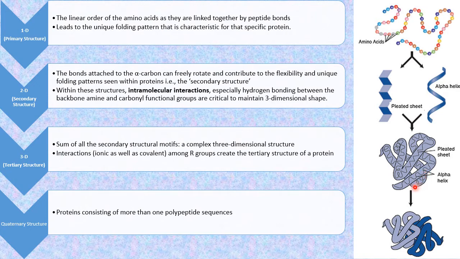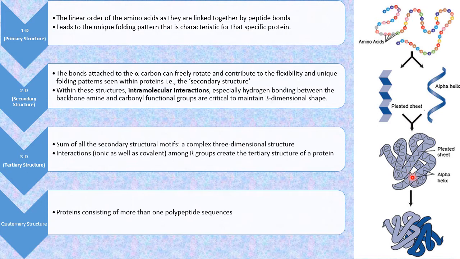So these three-dimensional structures or modifications which make the protein functional are achieved by various interactions between the R groups, between the side chains of this polypeptide sequence, and it results in the formation of the 3D protein, or the three-dimensional, the tertiary structure of the protein.